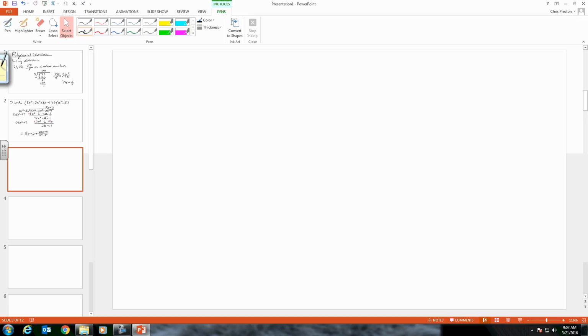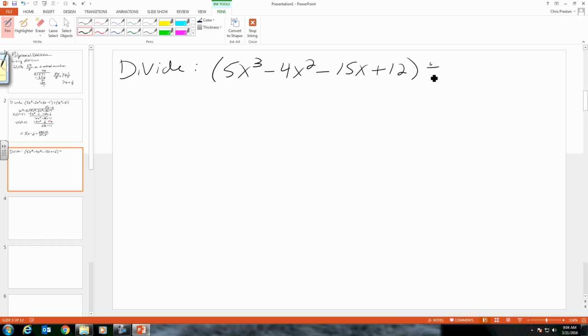Let's say we wanted to divide 5x cubed minus 4x squared minus 15x plus 12, and we're going to divide that by 5x minus 4.